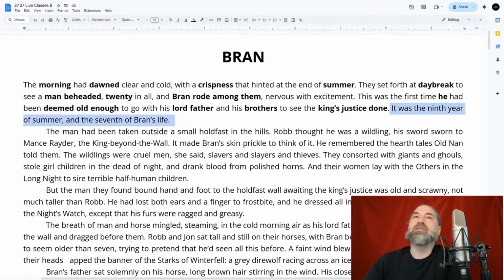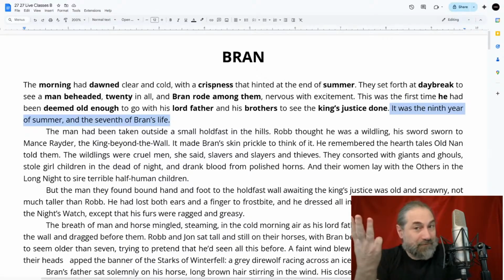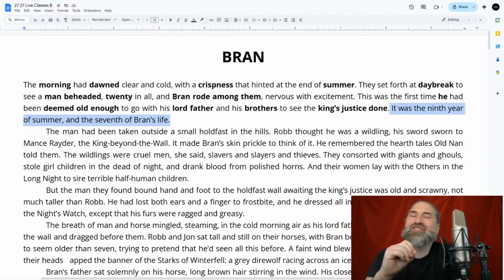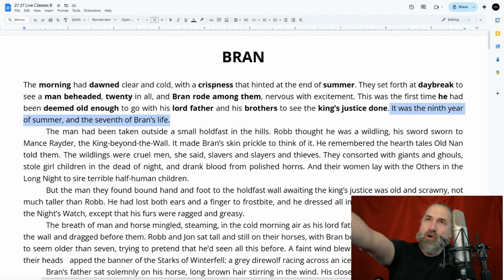And it's because it was the 9th year of summer, but it was specifically Bran's 7th year. All right. Now this does character development. It does world building. Okay. I would almost say there's plot, but it's not necessarily moving us forward. It is identifying things. So it is mostly world building. It is definitely character development.